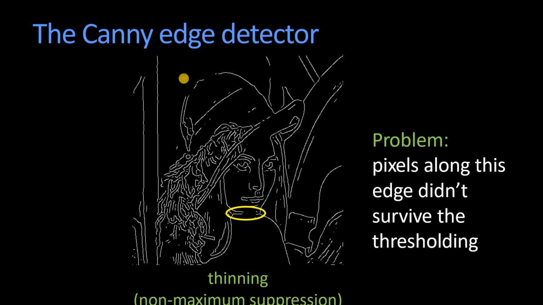For example, this was the picture of the Lena, and when we convert it into edges, many of the pixels are removed from here because of thresholding. So thresholding is important. Why do we do it? Because if we don't use thresholding, there will be a lot of garbage pixels which do not represent edges.